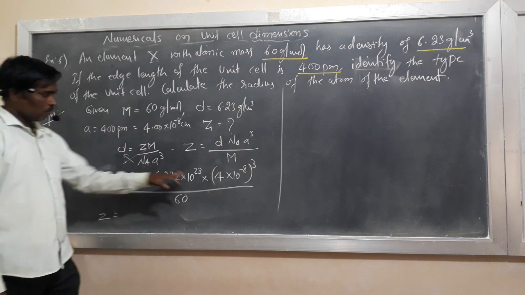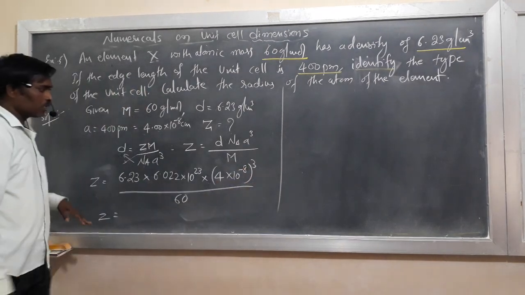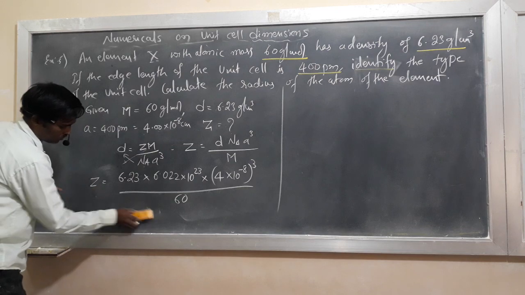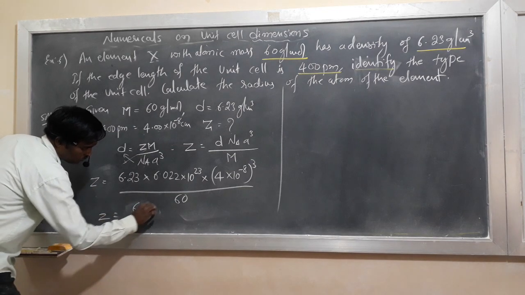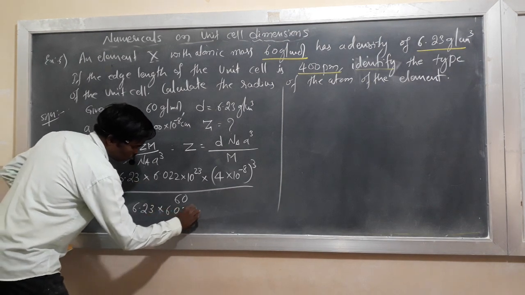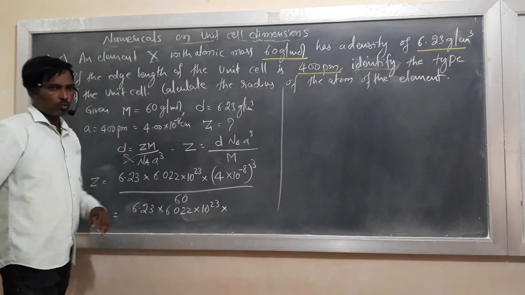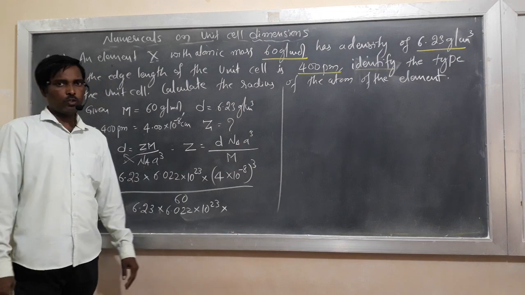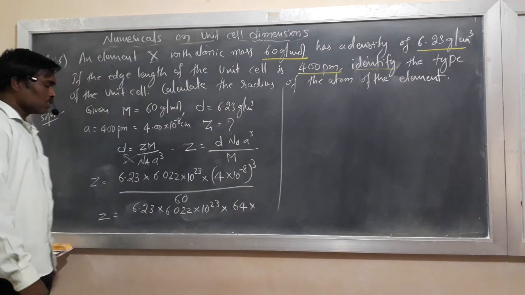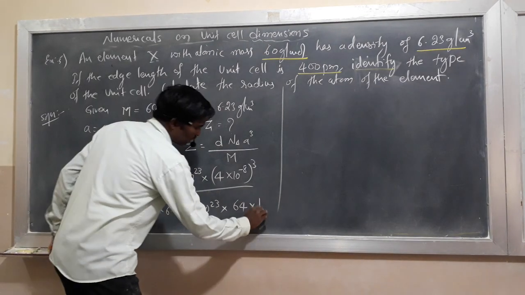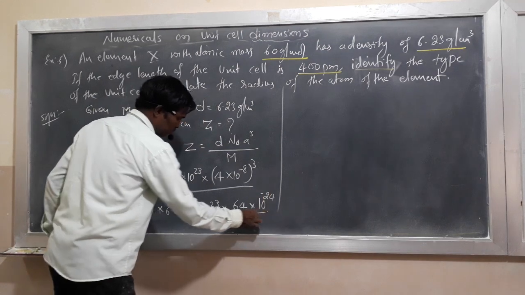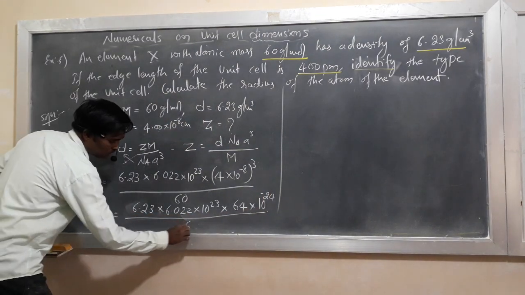Now first, before multiplication, find the 4 cube value. 6.23 into 6.022 into 10 raised to 23 into 4 whole cube. 4 whole cube we know, 4 into 4 into 4 is 64. 10 raised to minus 8 whole cube is minus 24 in the denominator, and 60 below.